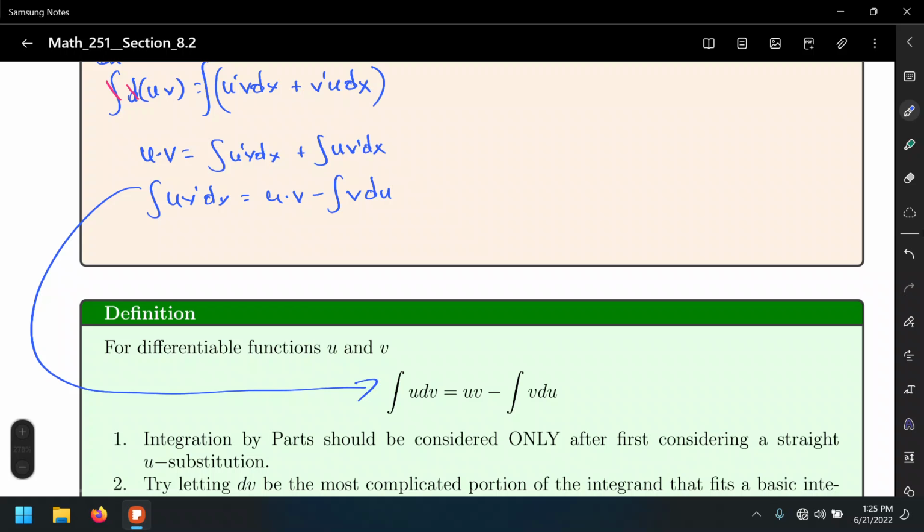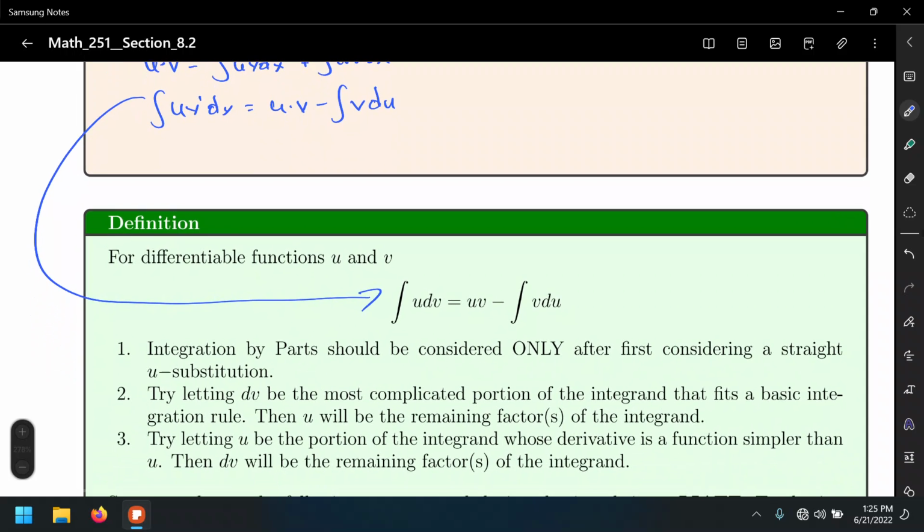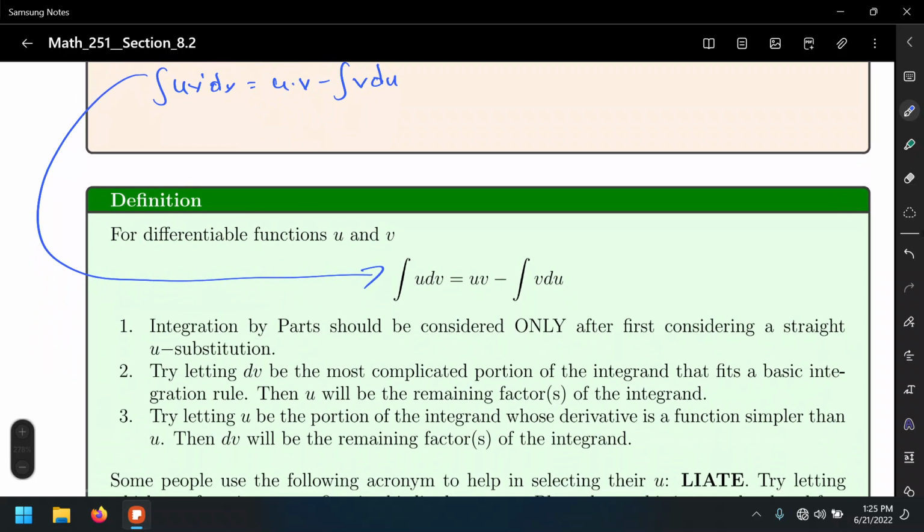All right. And what's usually the tricky part when it comes to integration by parts? We need to set up two parts, that's why it's called by parts, in which one part of the integral will be the u part, which is the one to be differentiated, while the other part is the part that we integrate.